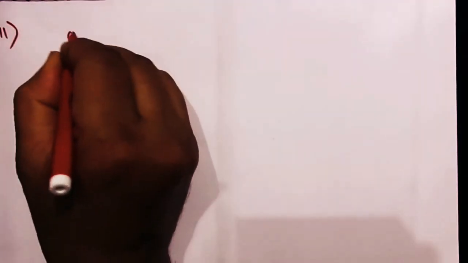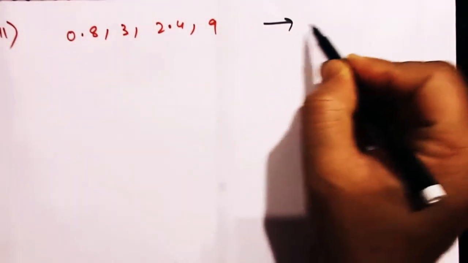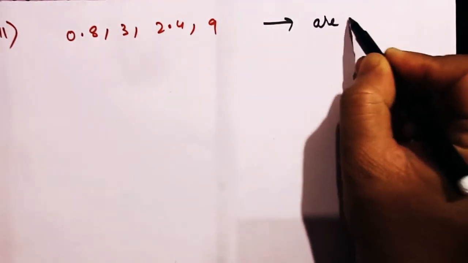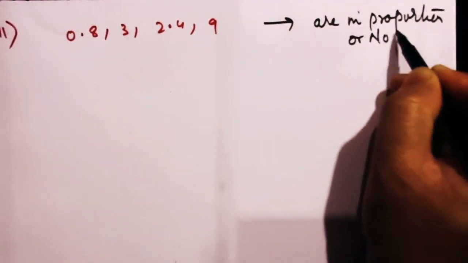Now let's come to number 2. There are only 5 sums. In number 2 what we have is very simple: 0.8, 3, 2.4 and 9. These are the 4 numbers which they are asking you whether they are in proportion or not.